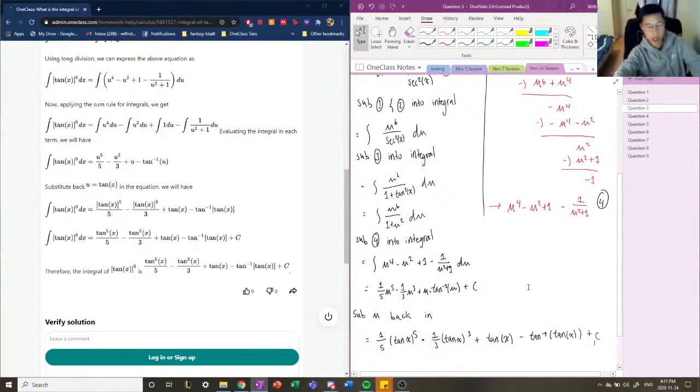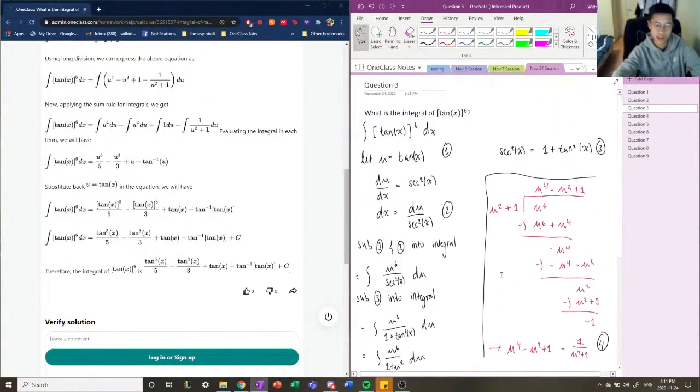So now we have found our integral after using substitution.